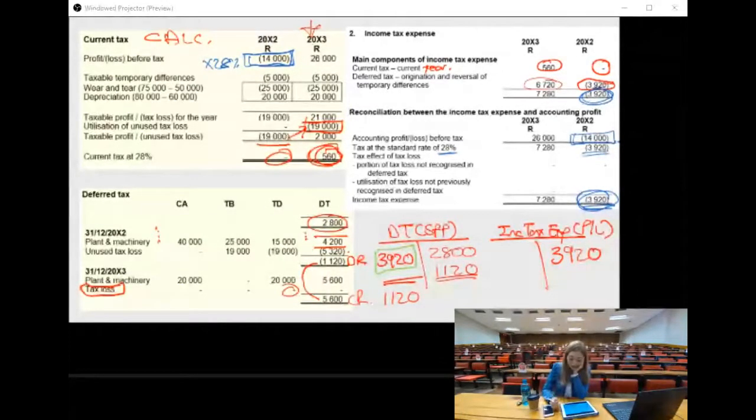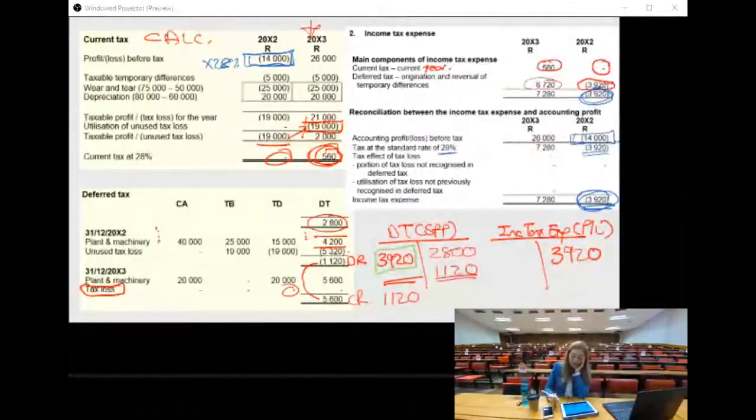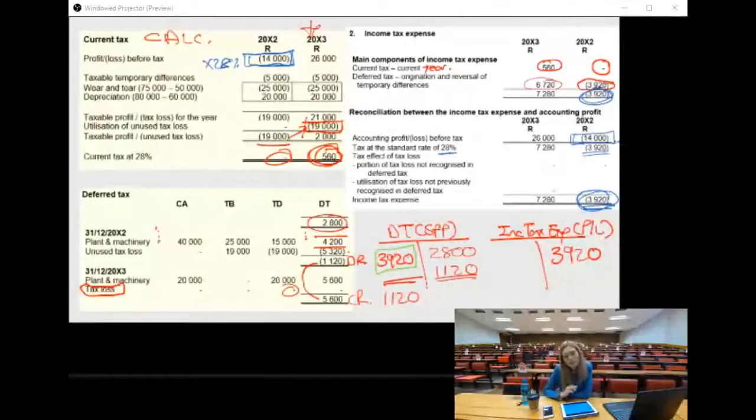Okay. So just one point on this before I answer your question, Ms. Lewis. Hope I'm pronouncing that right. Just a question on exam technique. If you're doing a reconciliation, you are going to get a mark, a bonus mark, just for showing that this amount should be the same as this amount.